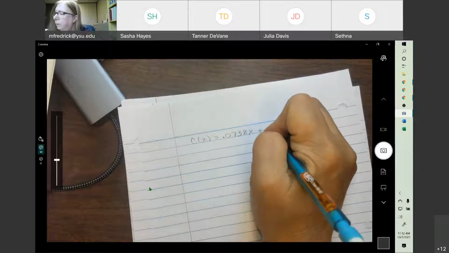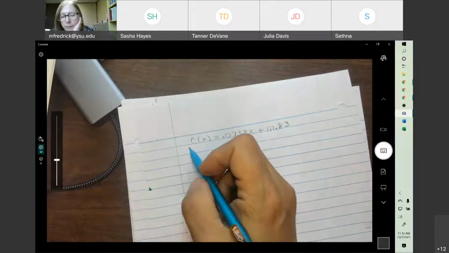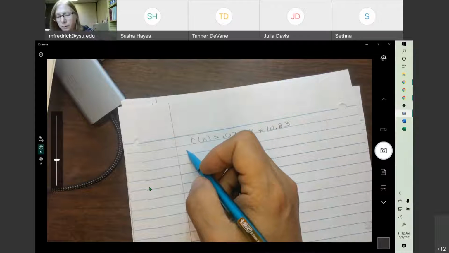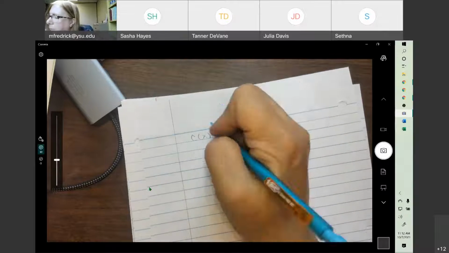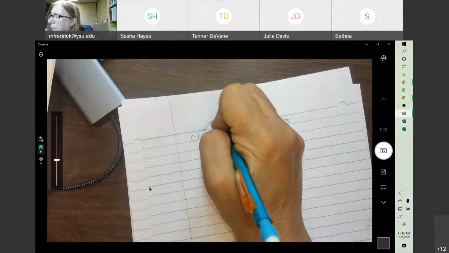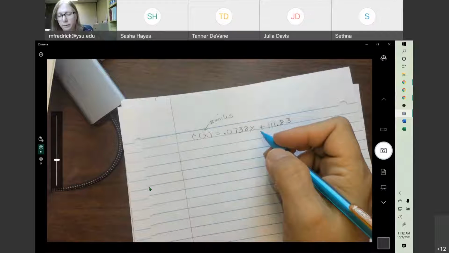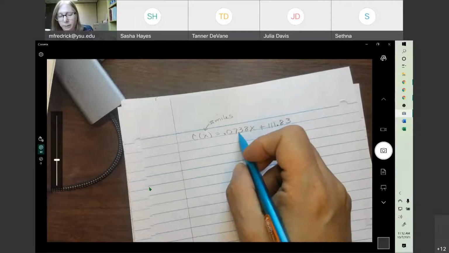We might not have covered it in this section, but it's the cost to fly X miles on American Airlines could be approximated by this equation.